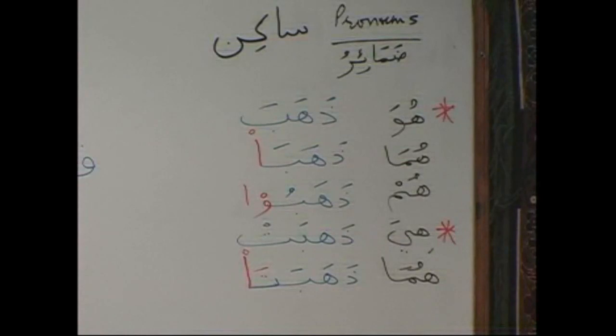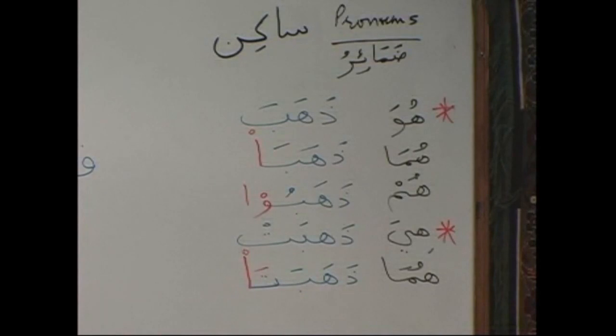Are you with me? So now today you will remember these sakin pronouns and mutaharrik pronouns. This you must understand today, and also memorize it. Brother, how many sakin pronouns in madi? Five. How many mutaharrik pronouns? Nine. We have to remember.